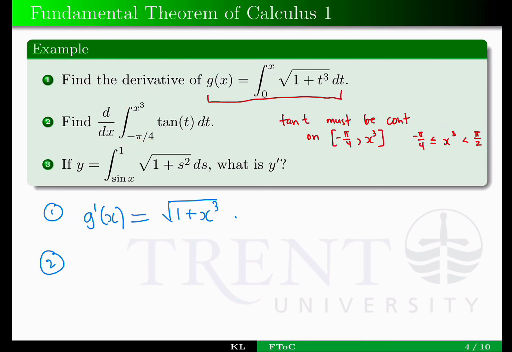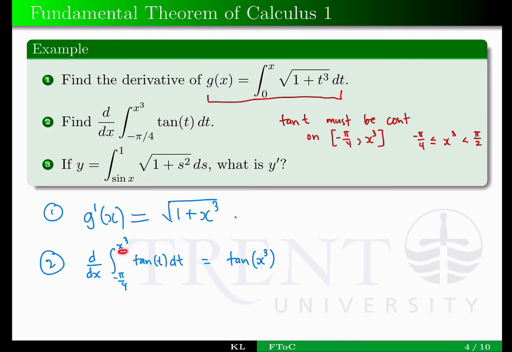Therefore, if we do that, we have the derivative with respect to x of the integral from negative pi over 4 to x cubed of tangent t dt. First, we copy the integrand here and replace the t with what's on top. So this will be equal to tangent of x cubed.